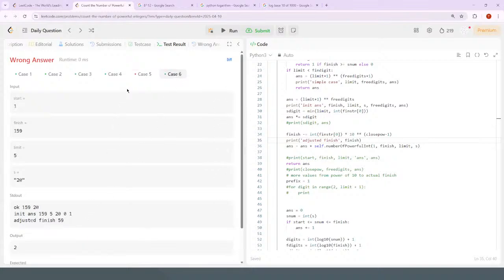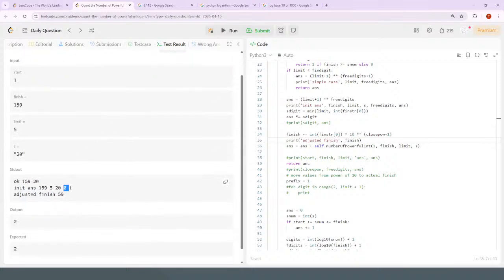Just finished 59. Just finish 159. So 159.20. So the answer there is 2.